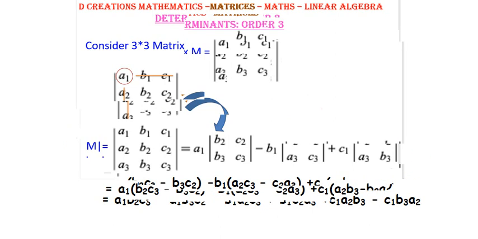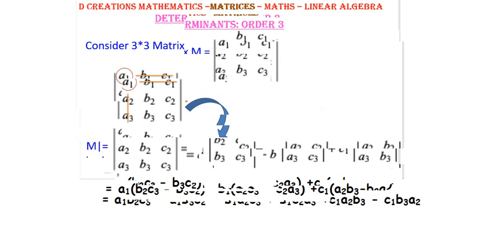In order to do that, let me explain to you the logic. If you take the first term A1, you need to ignore the rest of the elements in that row, in this case B1 and C1. Also ignore the rest of the elements in that column, which in this case are A2, A3.